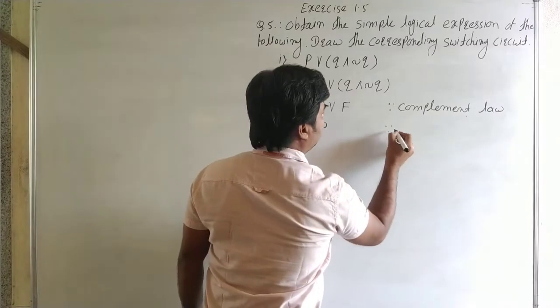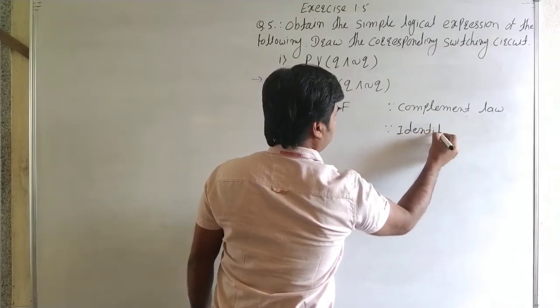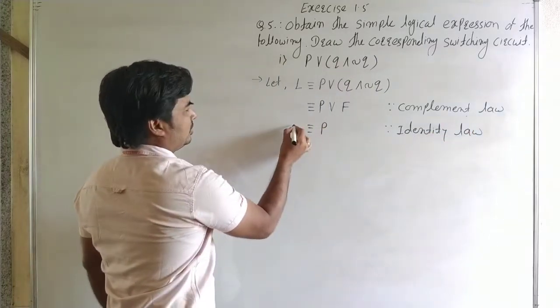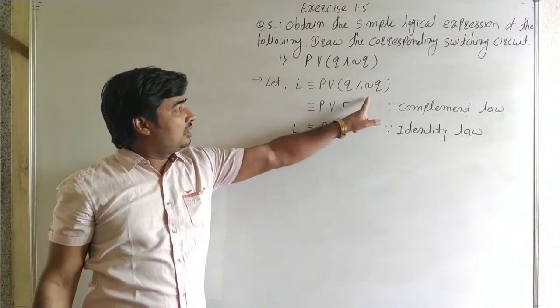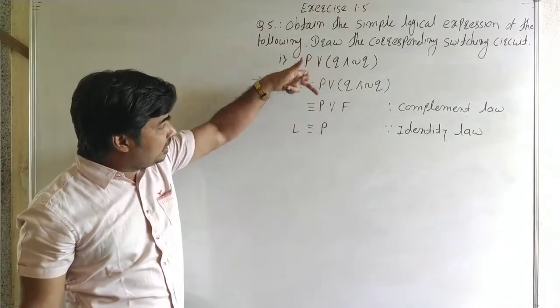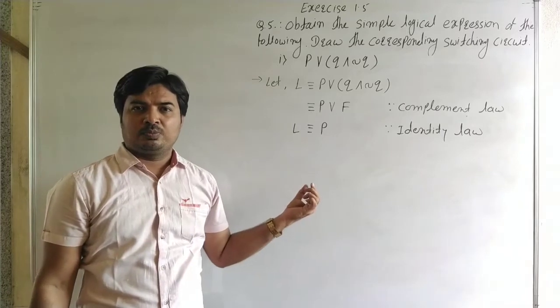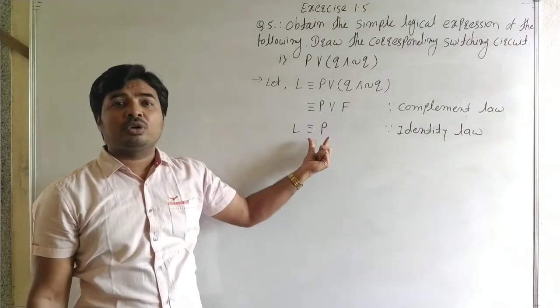Here we use the identity law. Now it is a simple statement, that is L. The given logical expression is P or (Q and negation Q), and its equivalent simple expression is only P.